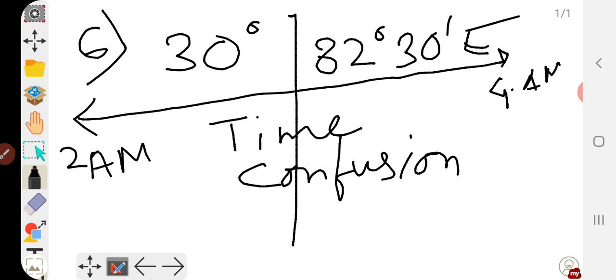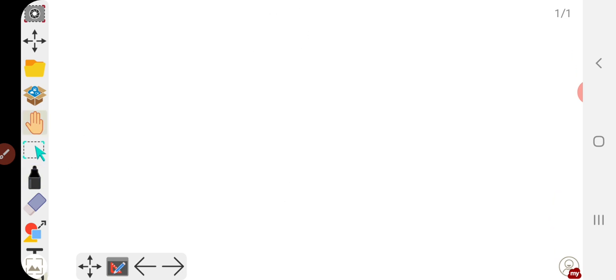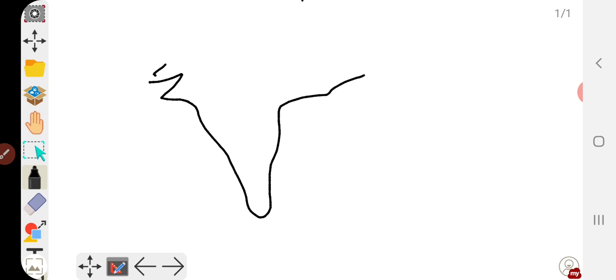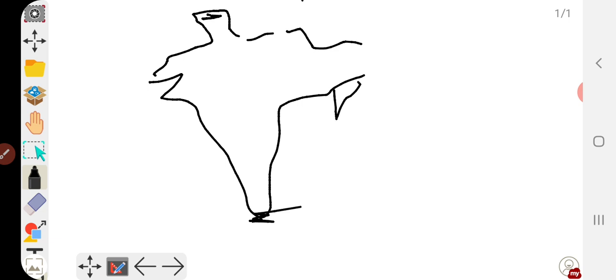Now, next, why is the difference between the duration of day and night hardly felt in Kanyakumari, but prominent in Kashmir? Now, this is our part of India, and here is our Jammu and Kashmir. This is Kanyakumari and this is Kashmir. Below our country, this is 8 degrees 4 minutes, and below that we have the equator.